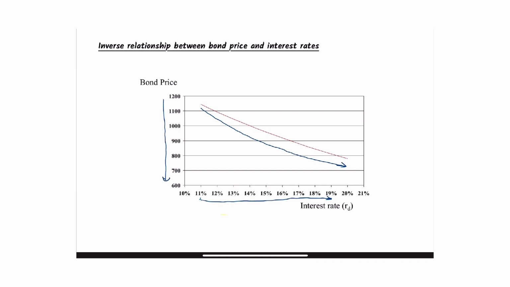And when we say bond price, this is what you're buying. This is pretty much the present value of the bond. So that's how much you're buying the bond for. So the higher the bond price, the lower the yield to maturity here.